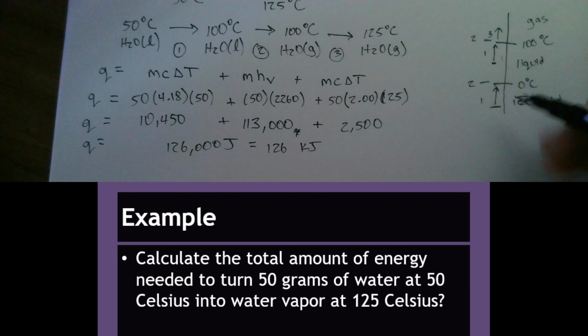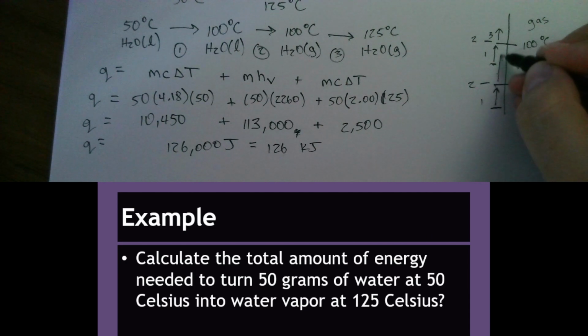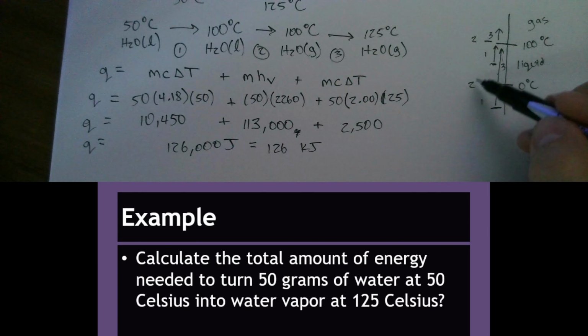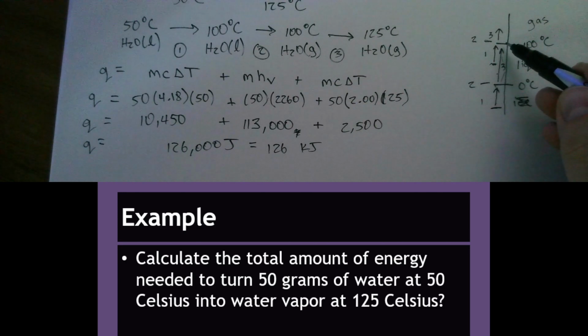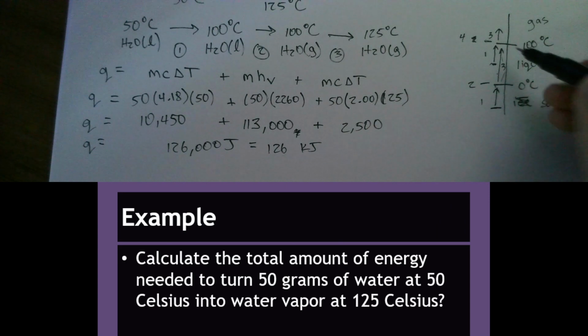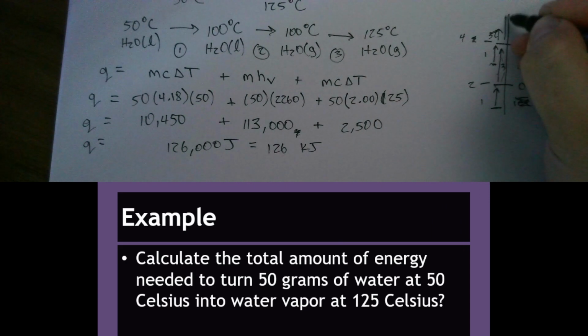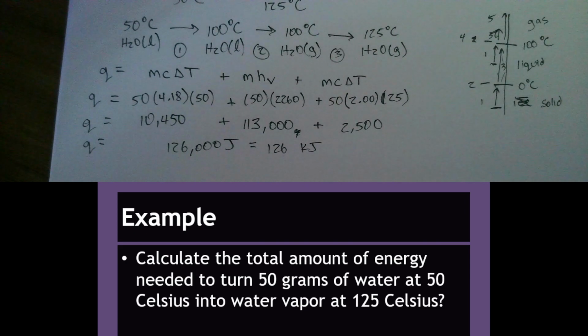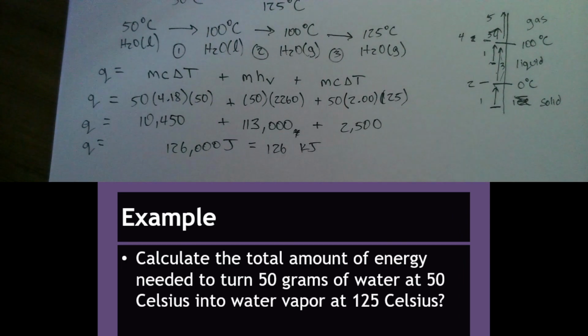Or sorry, that's melt. I need to calculate number 3, the amount of heat it needs to go all the way up to 100 degrees. Number 4 would be the amount of heat I need to boil. Up to number 5 would be however hot I want to make that gas. So a problem like this can have up to 5 steps if you have to change phases twice and then heat or cool accordingly.